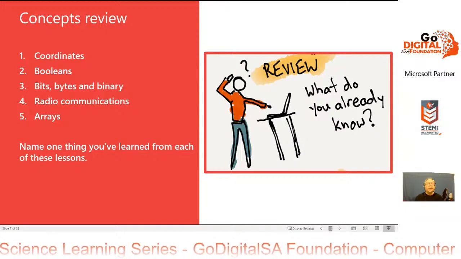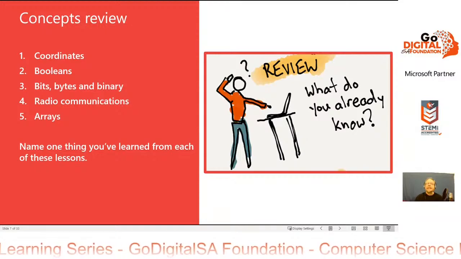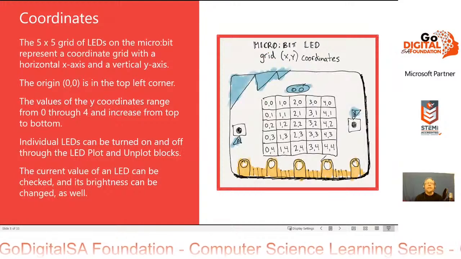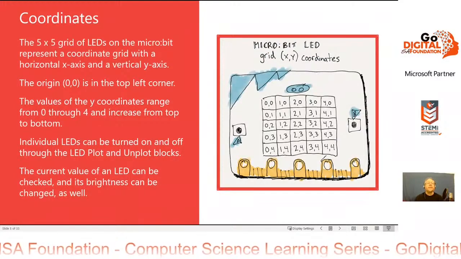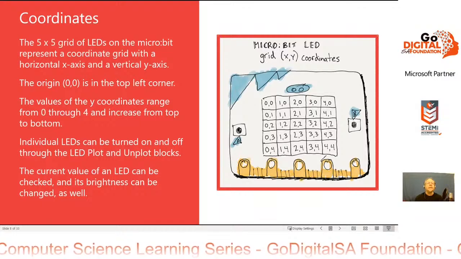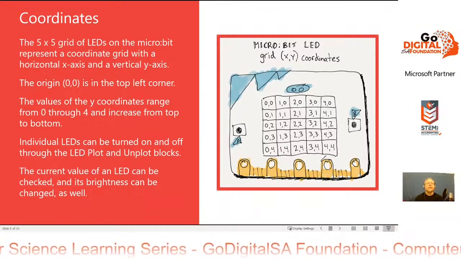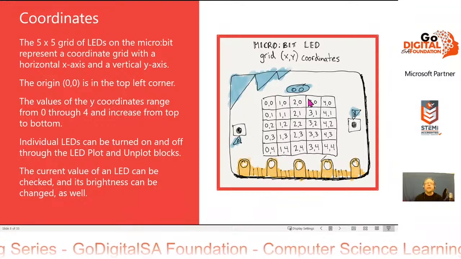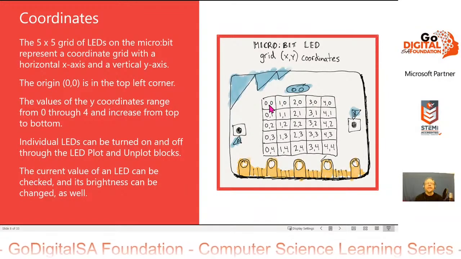Now, name one thing you've learned from each of these lessons. So coordinates: the 5x5 grid of LEDs on the microbit represents a coordinate grid with a horizontal x-axis and a vertical y-axis. The origin, 0, 0, is in the top left corner, over here.